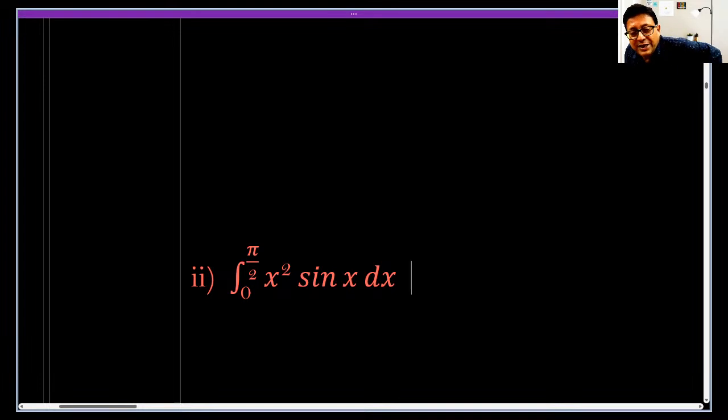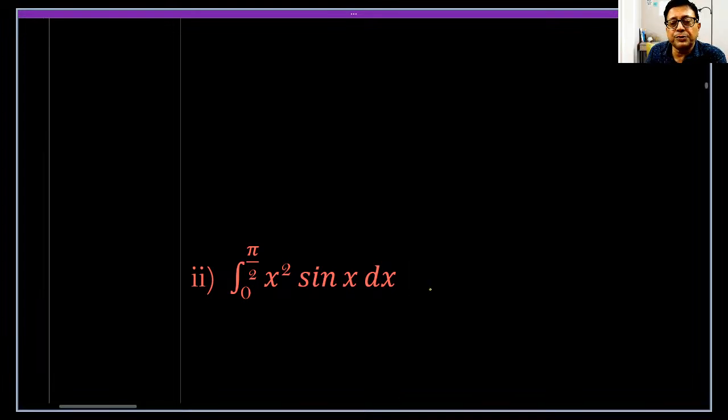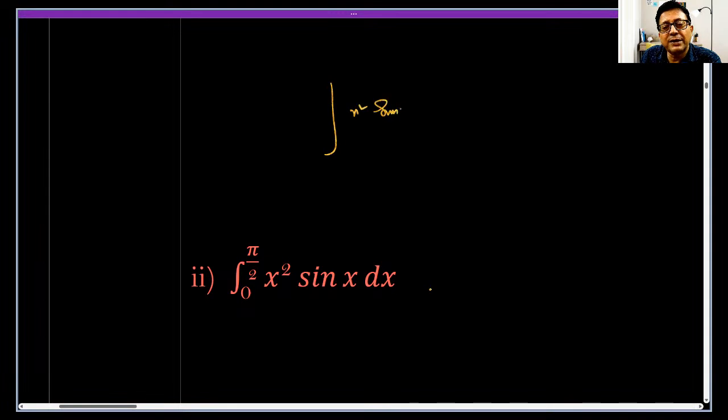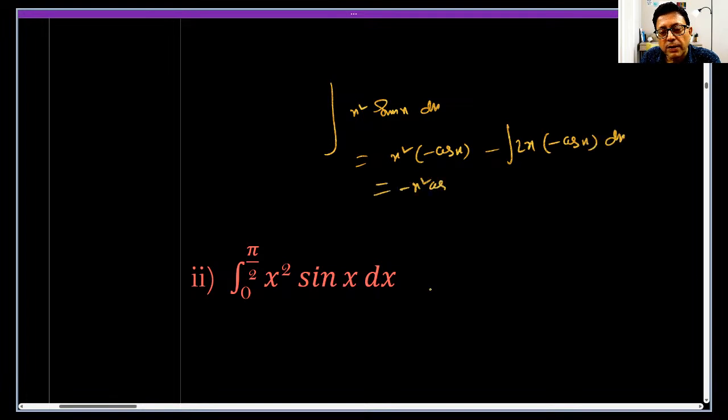Done. Now check your calculation with me. I will be doing the indefinite part first. x square sin x dx. You will be taking x square as the first function. This is minus 2x, and plus 2 x cos x dx.